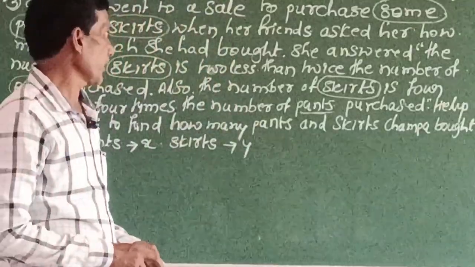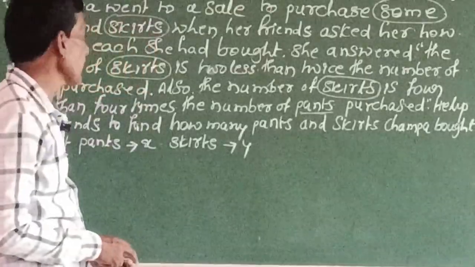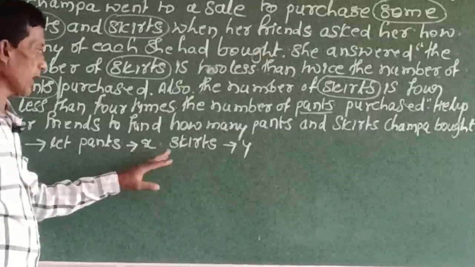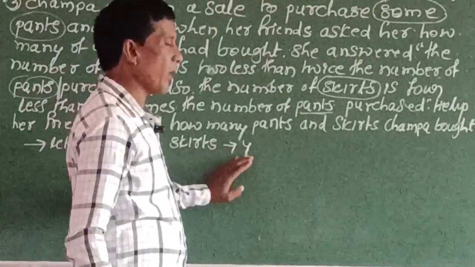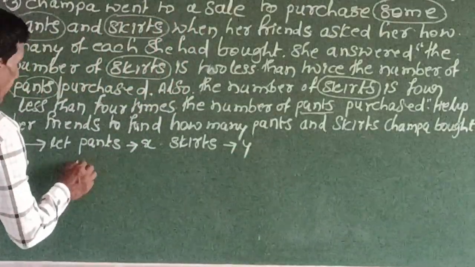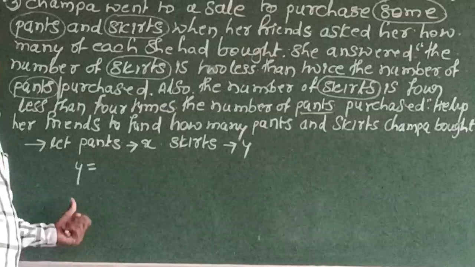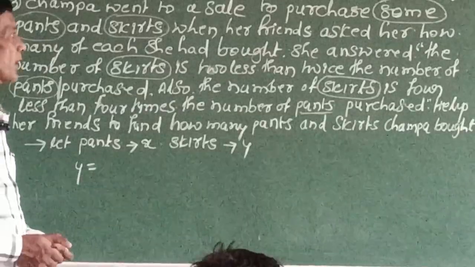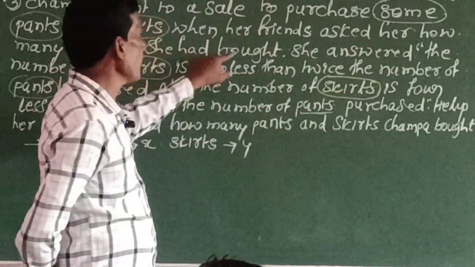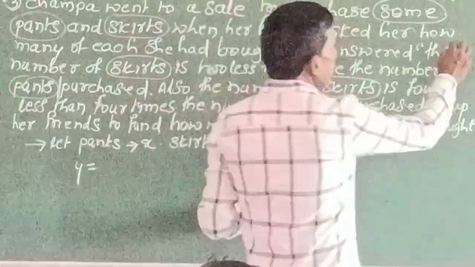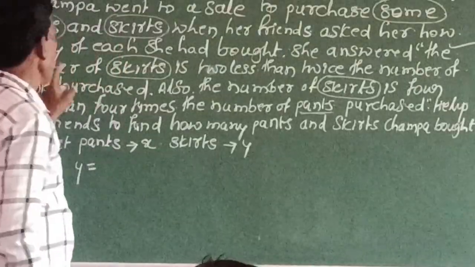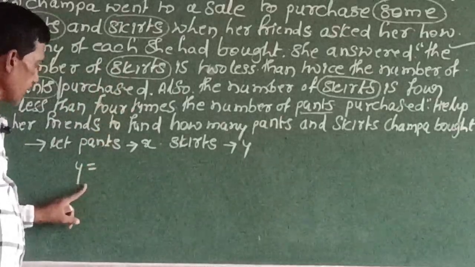The question is how many pants and how many skirts Champa purchased. So let the number of pants be X and the number of skirts be Y. When her friends asked her how many of each she had bought, she answered, starting with the number of skirts, which is Y.